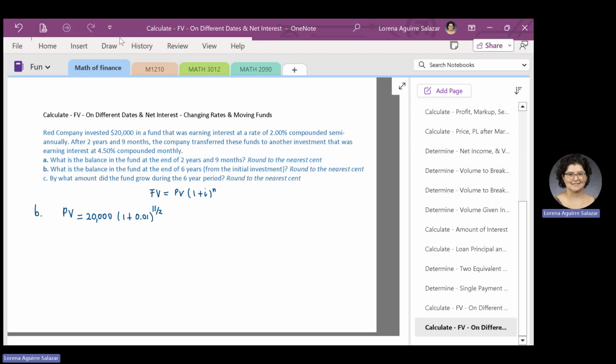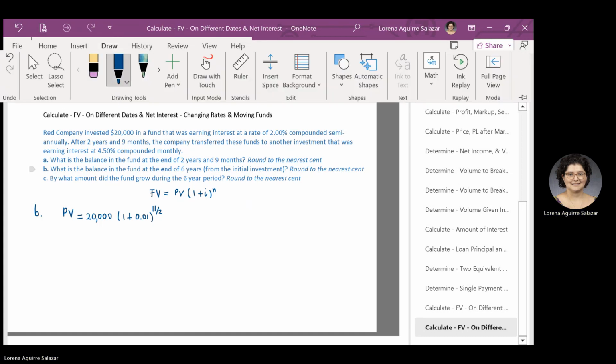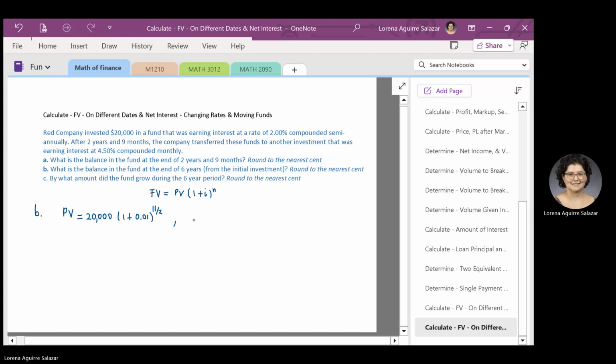So if 6 years pass from now and 2 years and 9 months pass first, then the remaining time is 3 years. The remaining time period, we need to account for 3 years and 3 months.